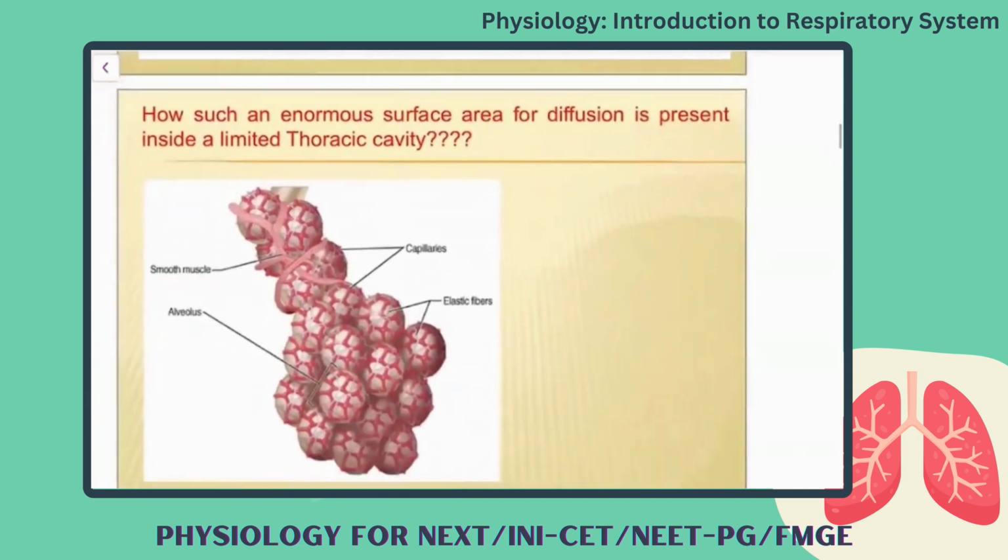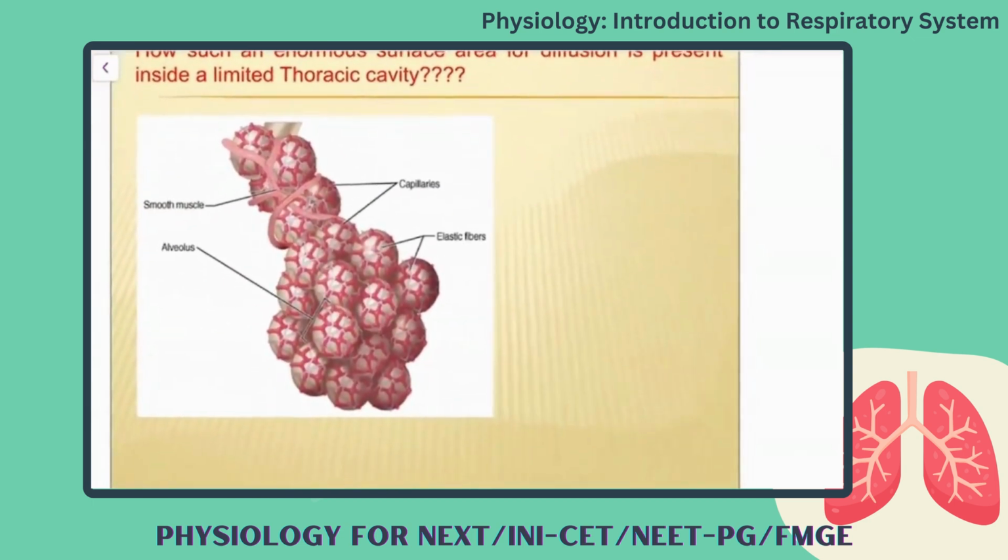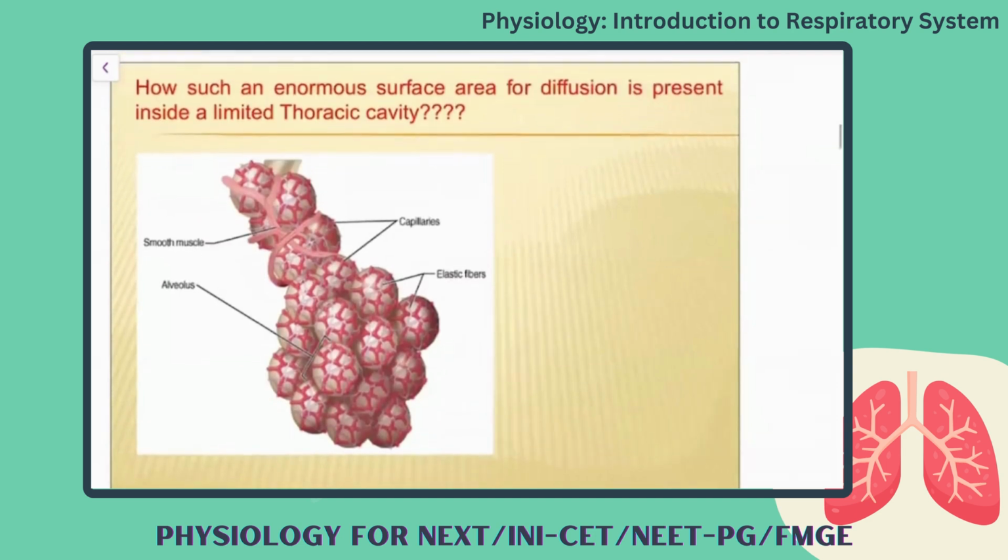And now you have seen 23 divisions of the tracheobronchial tree, and from the 17th division up to the 23rd division, you are finding the respiratory bronchioles. An enormous amount of respiratory bronchioles is held inside the closed cavity of the lungs, one small cavity. It is because of this supercoiled structure.